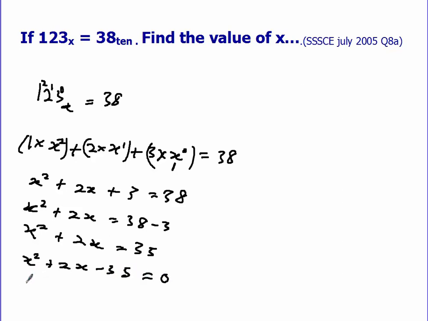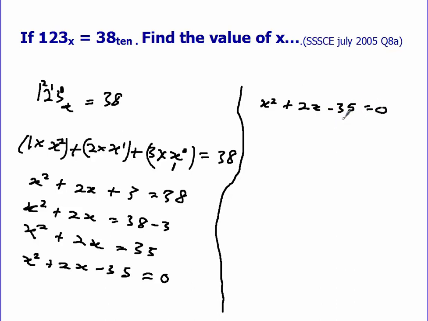So I'm going to factorize it now. The next step is to factorize it. Good. So to factorize this, I have x squared plus 2x minus 35 equal to 0.